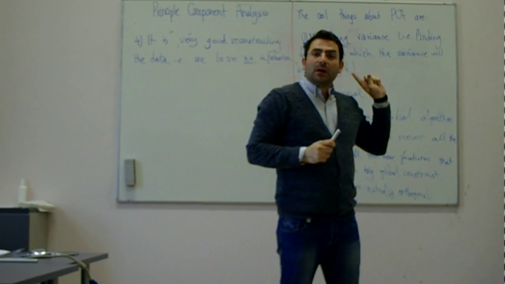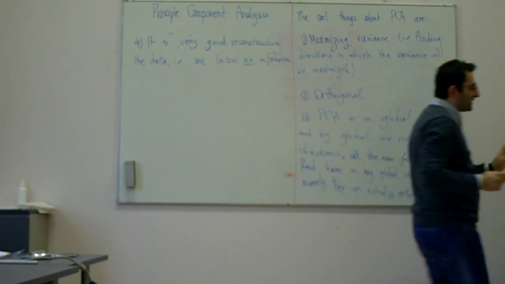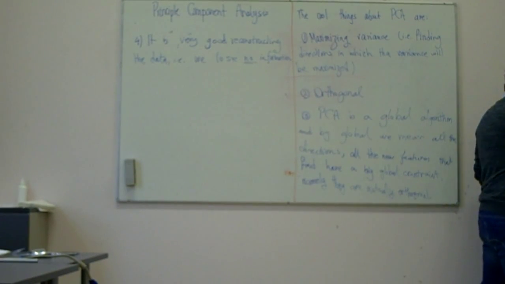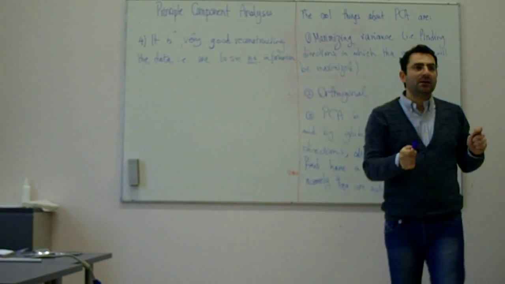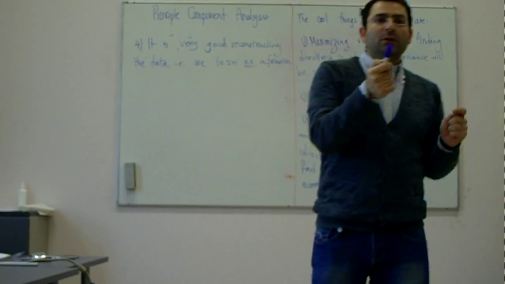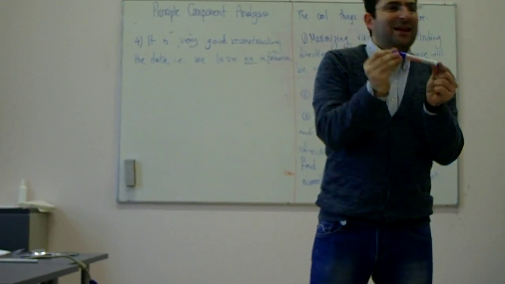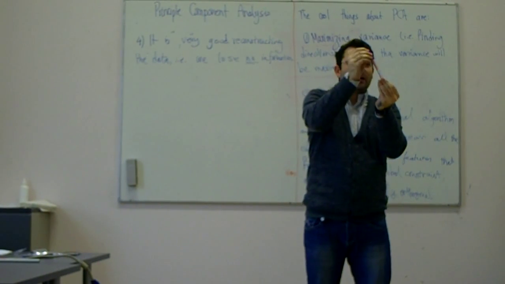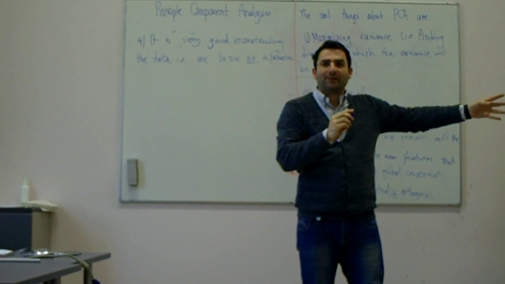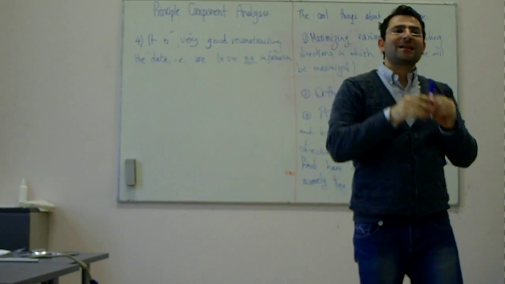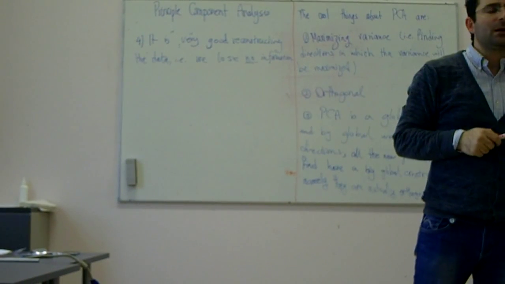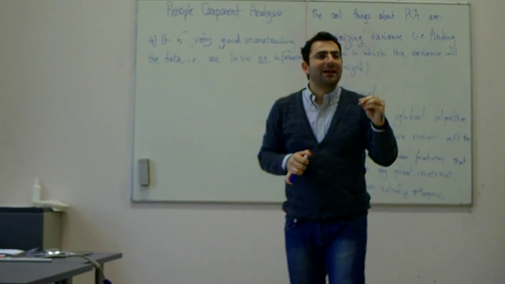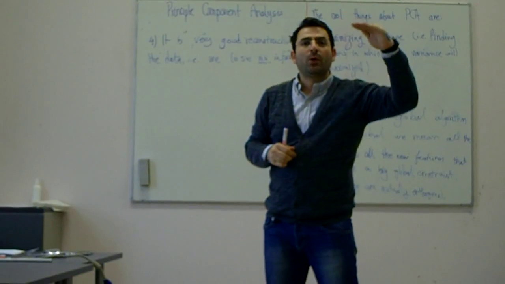Now, one of the things with PCA is that you can look at this axis, and you know it tries to maximize the variation, right? One of the cool things is, you will see in a few seconds, that when we are projecting our data on the different axes that we have, it tells which of these axes are more important. In other words, PCA helps us to represent our data based on its importance.